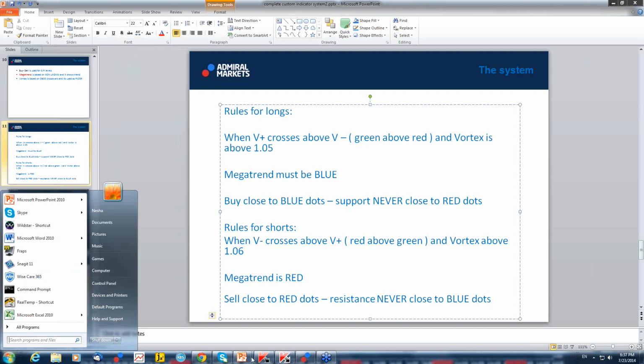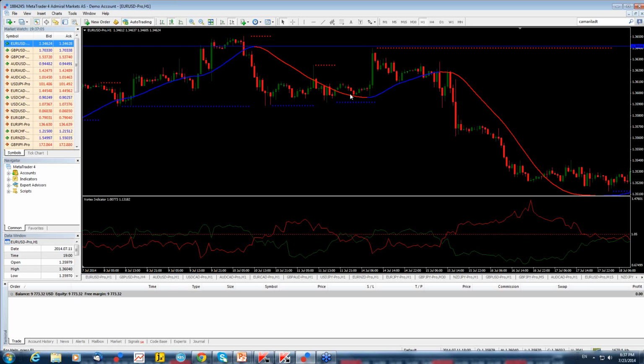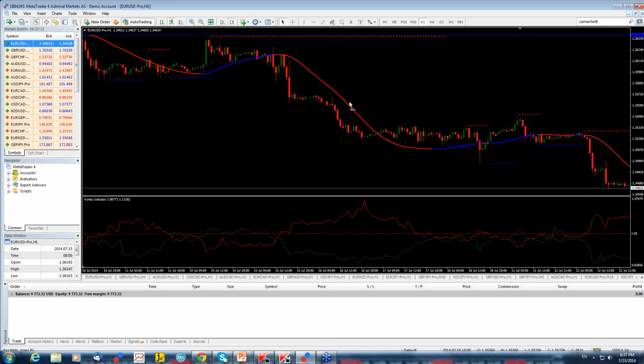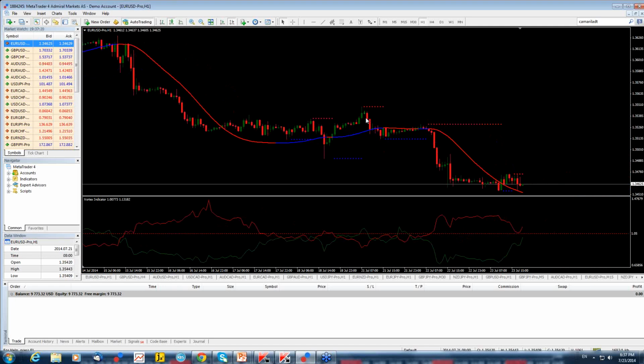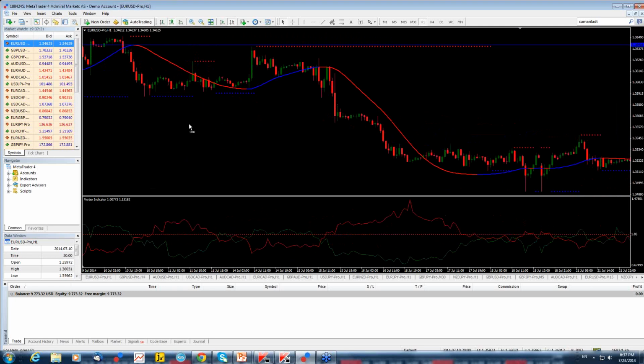So pretty straightforward. You always want to sell close to resistance if you get the entry. That is how you would filter bad trades.